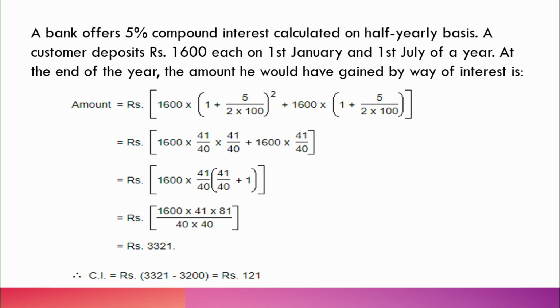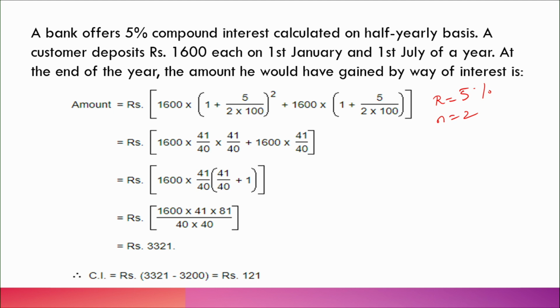So, 5% compound interest means here the interest rate R is given as 5%, correct. And half yearly basis means for a year you will get 2 terms. So, that is the reason, for every year n equal to 2, because for a year there are 2 half years.